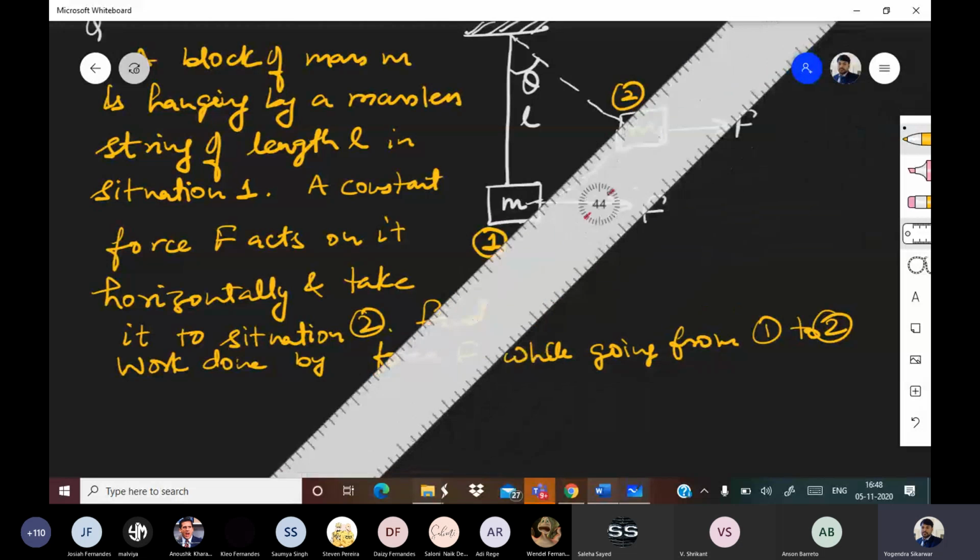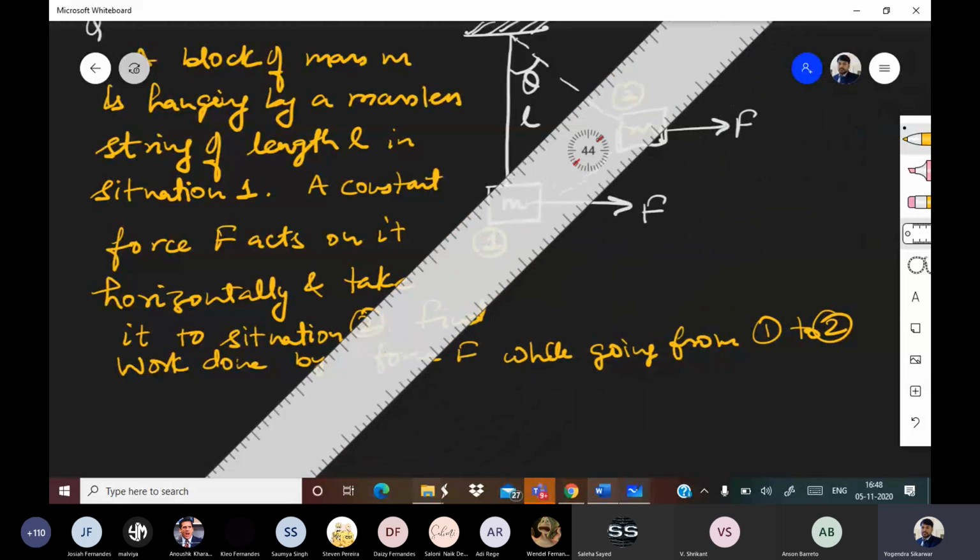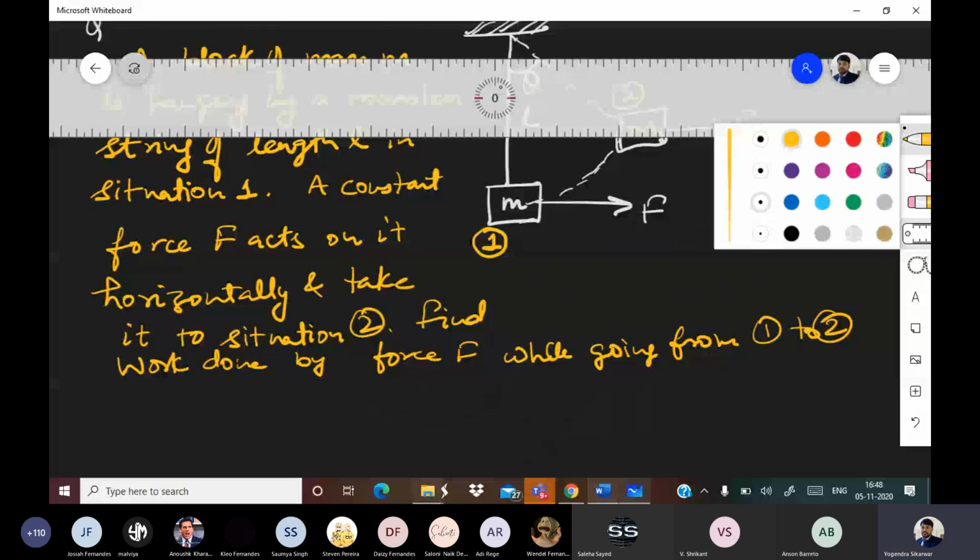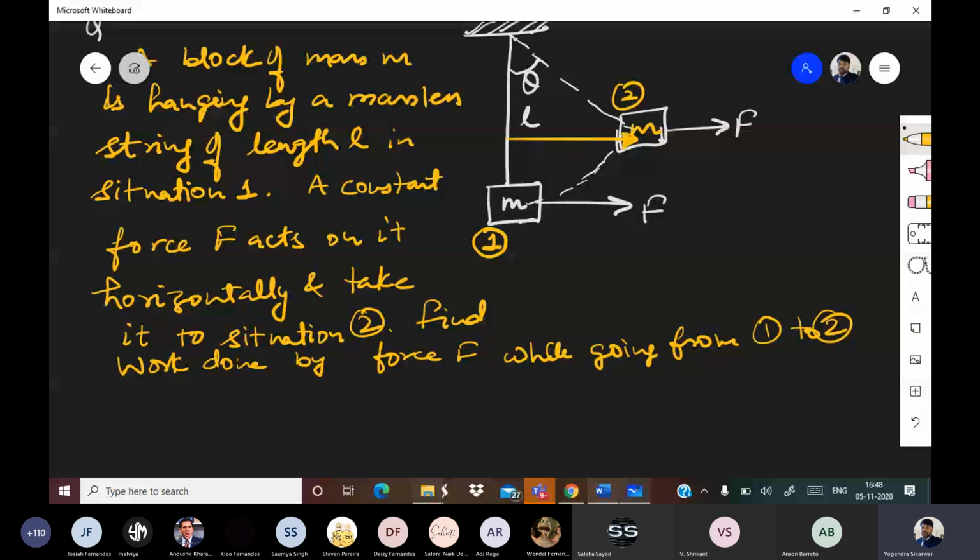What you can see is that displacement along force is this much. If this is L, because it is the length of the string, this will be L cos theta, because component along theta is always the cos component, and this is L sin theta.